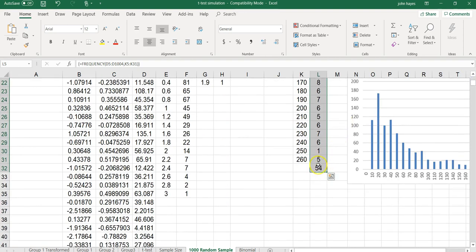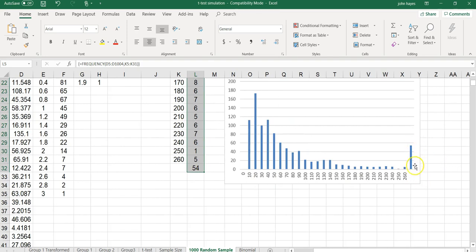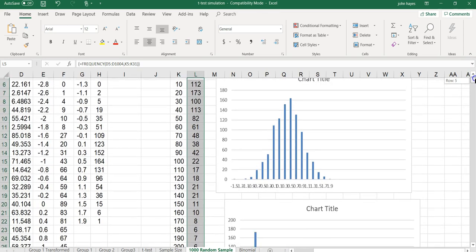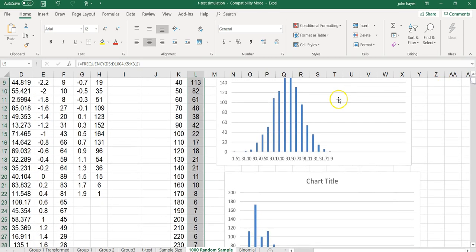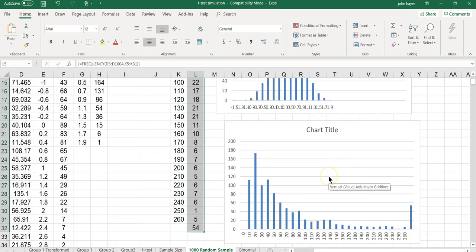It comes down here and it says, okay, we have 1000 minus 54 values that go from 0 to 260. And then you can see these 54 pile up at the end here. I'm not quite sure why that goofy thing stopped and made that graph look like that, but it's okay. So you can see that if you use visual acuity, you get this highly skewed distribution.